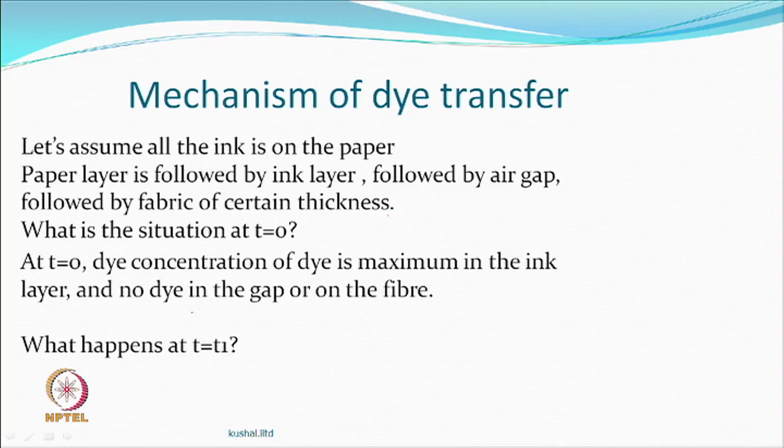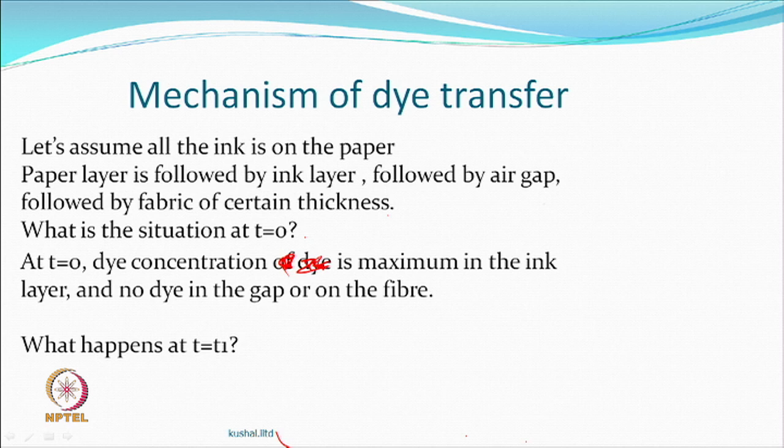So, at t is equal to t0, dye concentration is maximum in the ink, right. The dye concentration is maximum in the ink and no dye was in the gap or in the fiber.